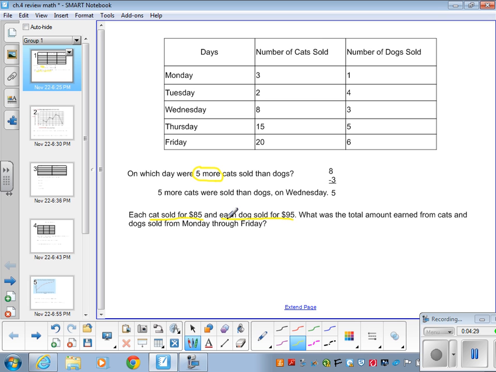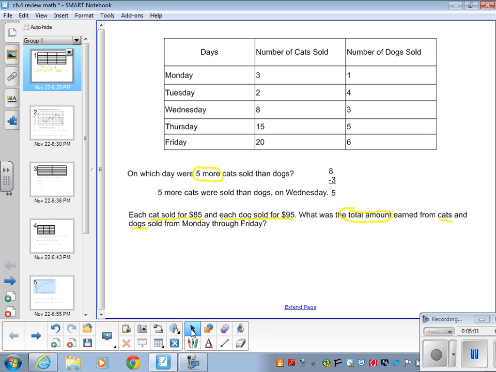$95. So each, that means on Tuesday when 4 dogs were sold, it doesn't mean the pet store earned $95. It means each of those 4 dogs sold, they received $95. What was the total amount? So total amount, they want to know all together earned from cats and dogs.